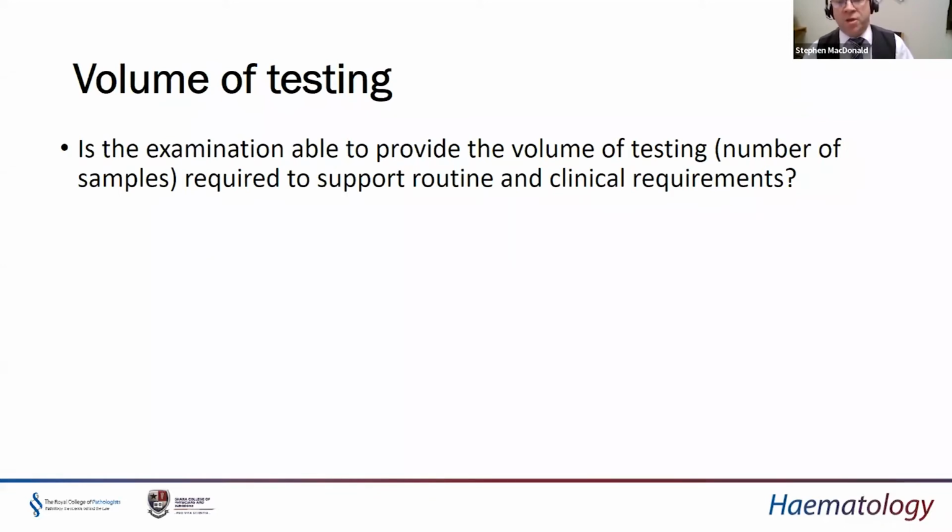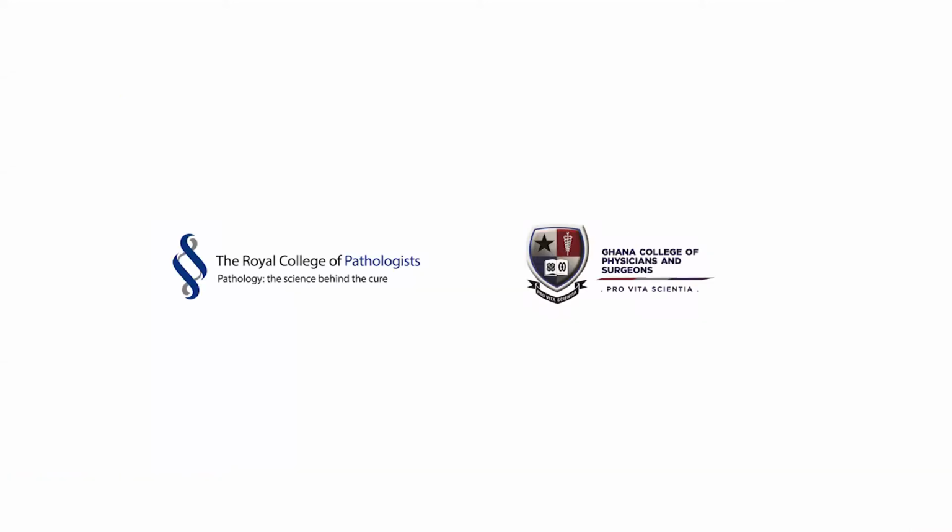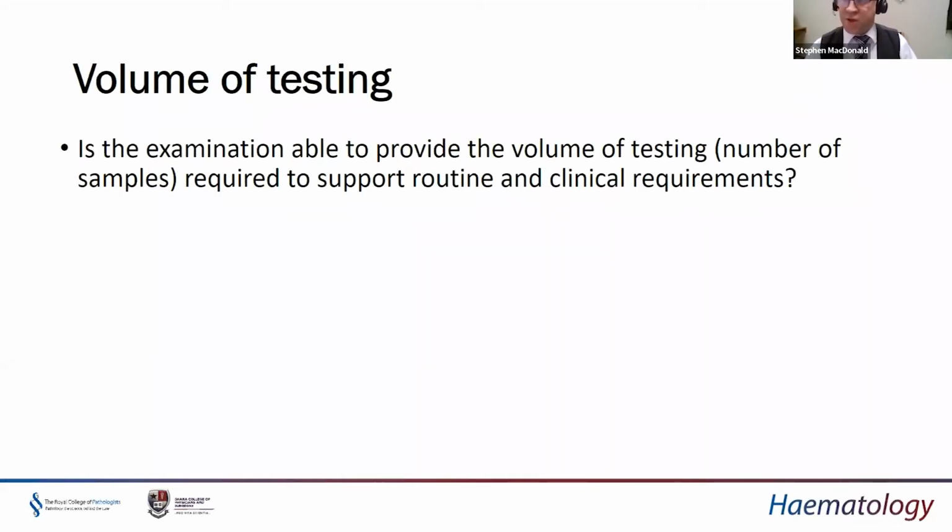If patients are having samples taken for that test, can we provide a methodology that can do it at such a scale that everybody will get the results in a proper time frame and of a sufficient standard, and that we're not relying on samples coming at certain times of the day or on certain days of the week for us to be able to provide results? Can we provide a service that can allow those results to be provided as quickly as clinically appropriate at a scale that is required for the individual population that we are serving?